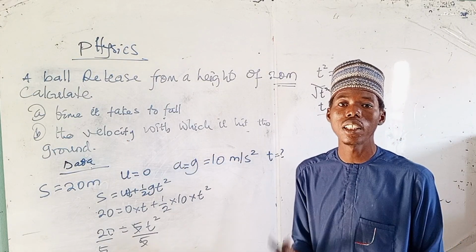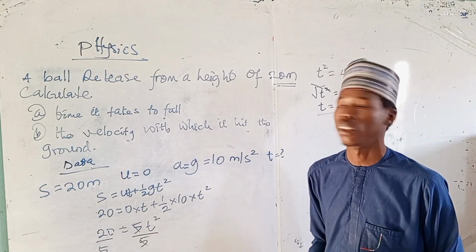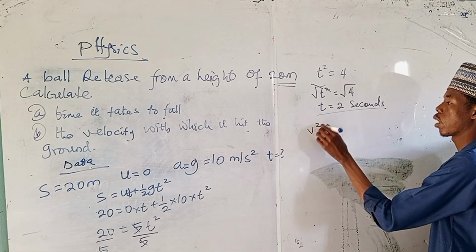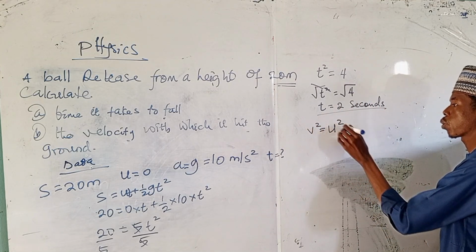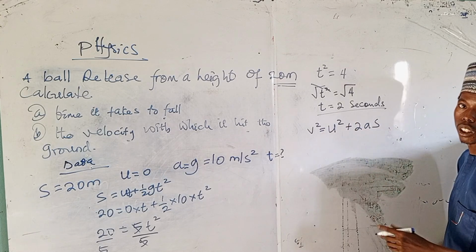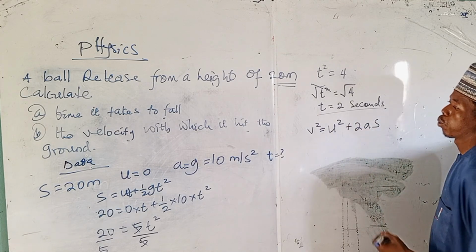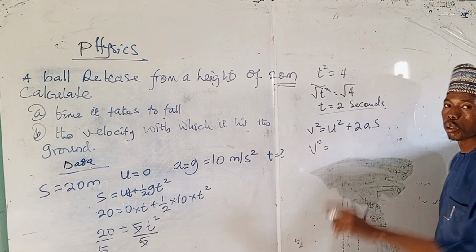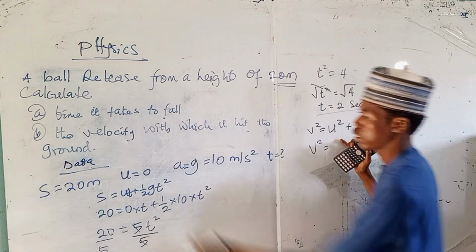That is the final velocity of the ball. So let's use this formula: V squared equals U squared plus 2AS. So now, V squared equals U. We know that U is 0.